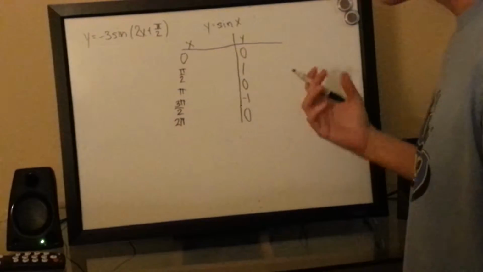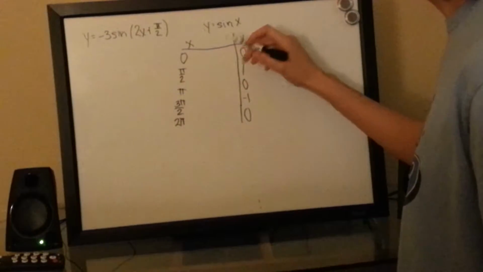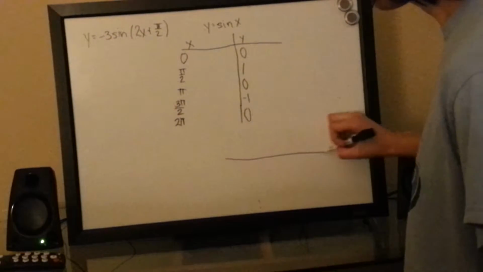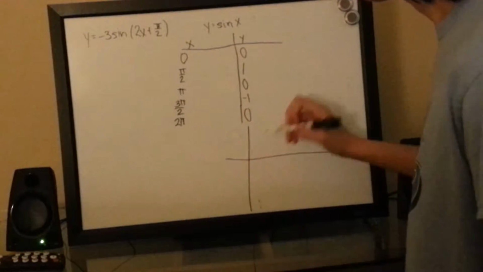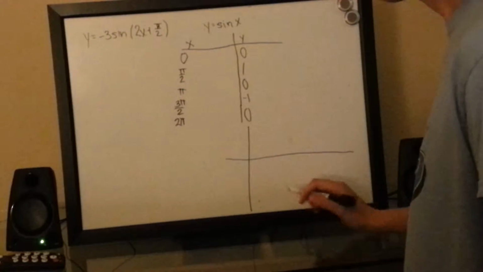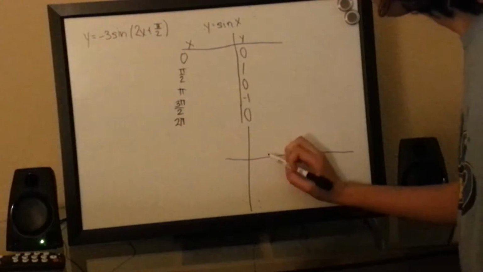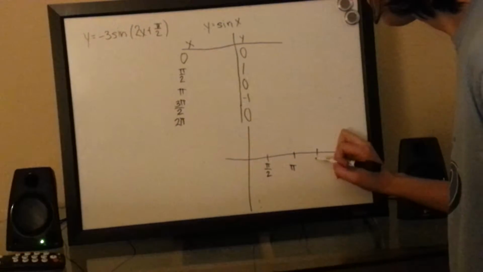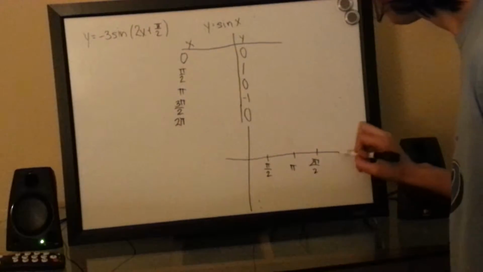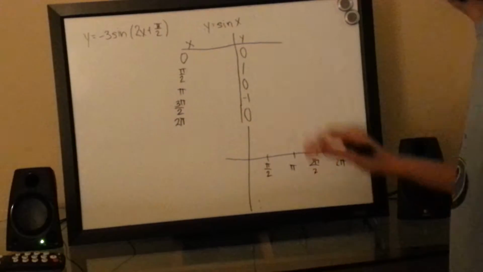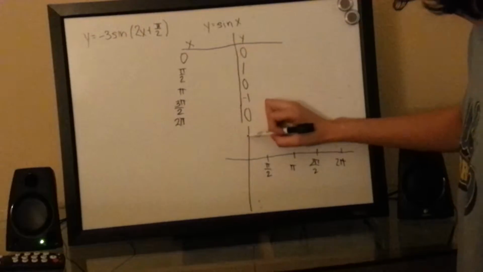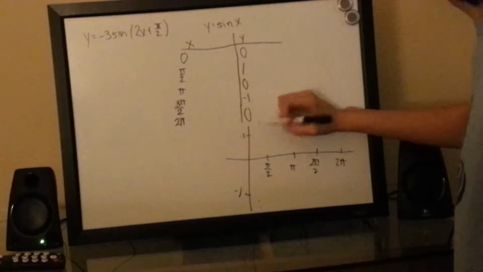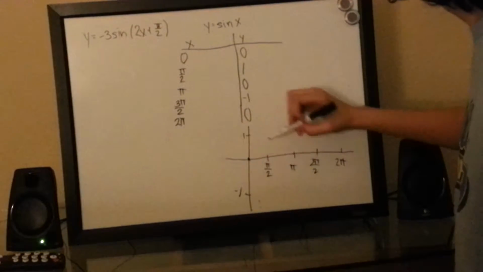And now I'm going to draw the graph of our parent function using these points. So 0, 0 would be right here on our graph.